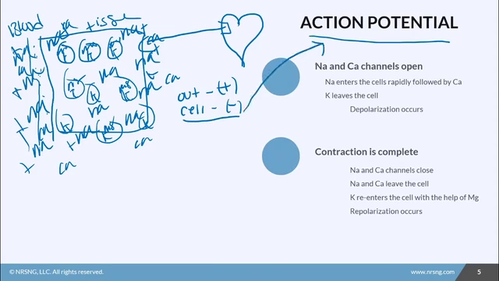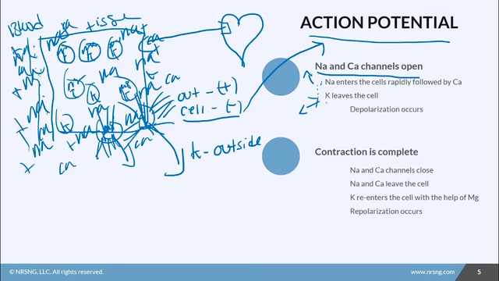Whenever sodium rapidly enters every single cell and potassium leaves, the action of potassium leaving the cell is what causes depolarization, or the heart to contract. Gotta have sodium entering, potassium leaving, depolarization occurs. Calcium, let's talk about calcium.